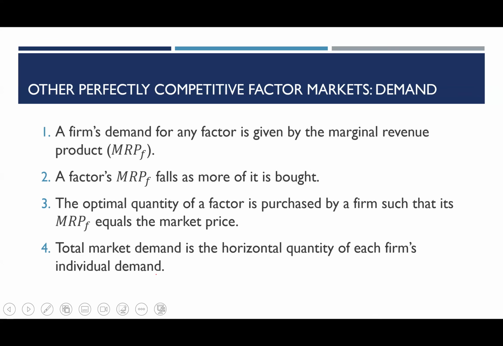Okay. And again, right, we're going to see that the marginal revenue product for any factor is going to depend on the marginal product of that factor. So you could say marginal revenue product of that factor equals the marginal product times marginal revenue. And each of these marginal revenue products is going to exhibit that downward sloping behavior, right?